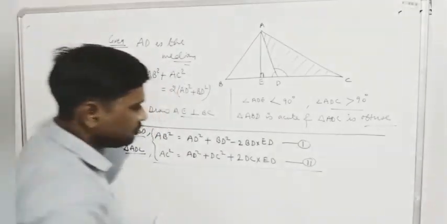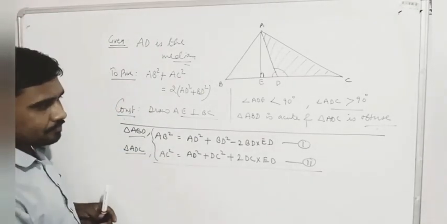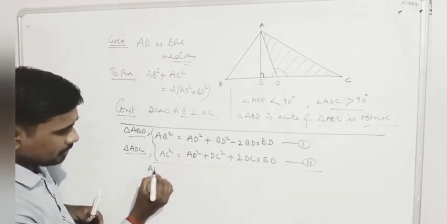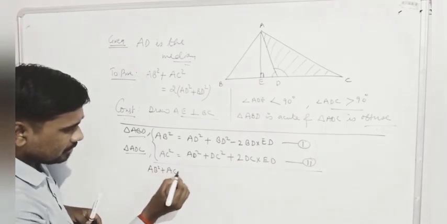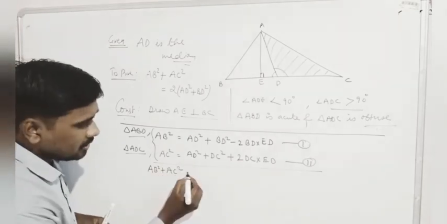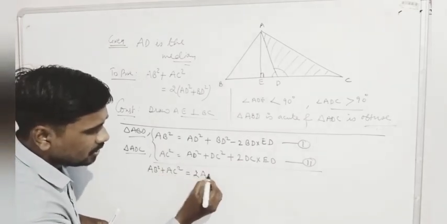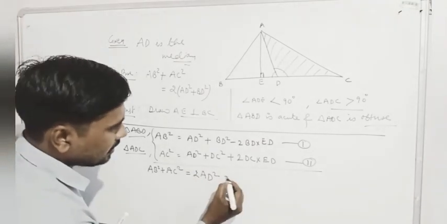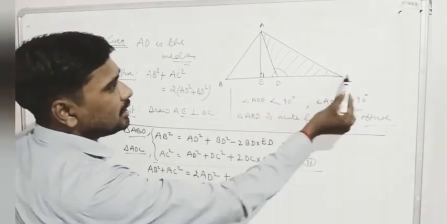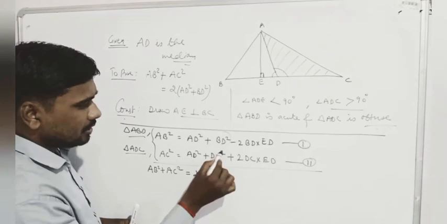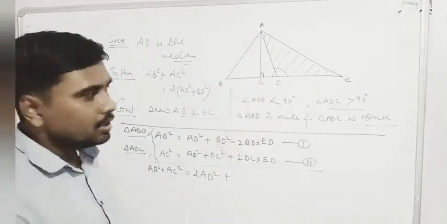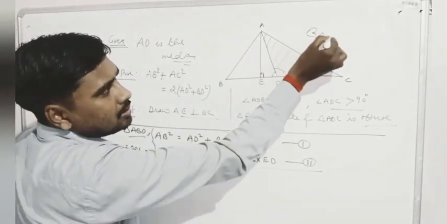When we add these two equations, it will be AB square plus AC square is equal to 2AD square plus BD and DC. If AD is the median, then BD is equal to DC.